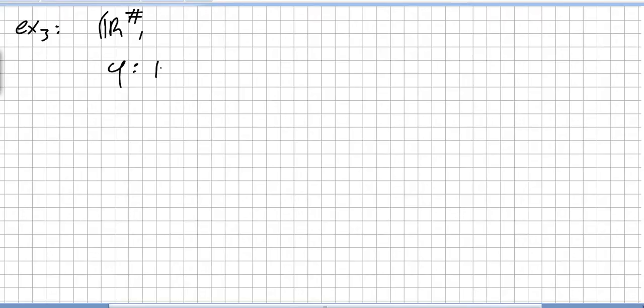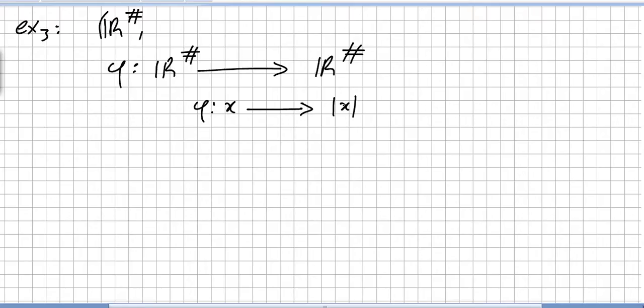Phi maps the non-zero reals into the non-zero reals, but in such a way that phi will take x into the absolute value of x.